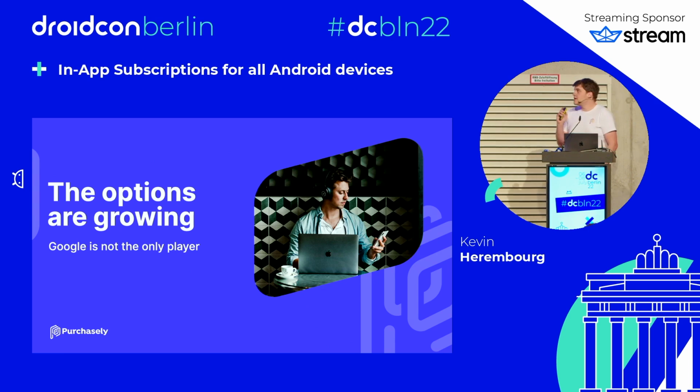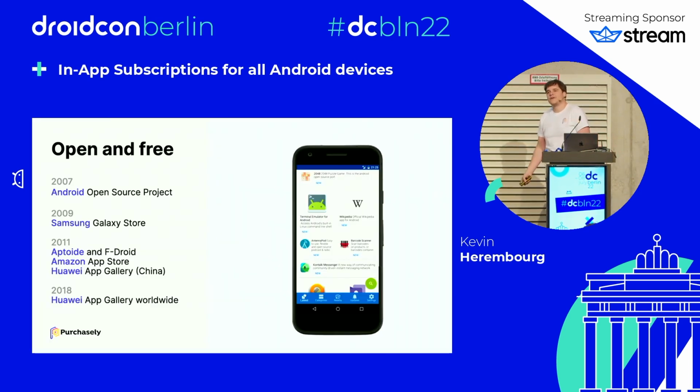And the important thing about Android is that it's open and free, meaning that the Android open source project started in 2007, and at that time you only had the Android market, which later became the Google Play Store. But in 2009, you had the Samsung Galaxy Store on Samsung devices, which still exists, and Samsung provides its own billing system.